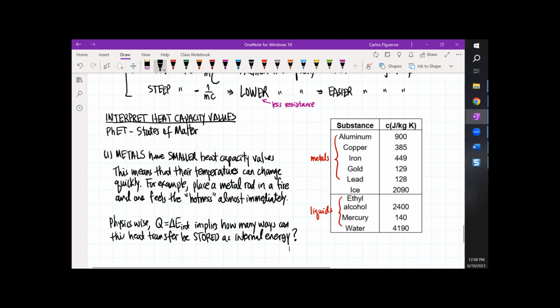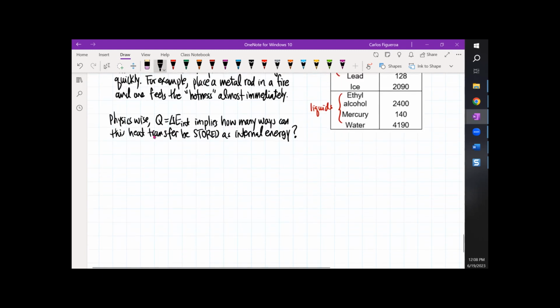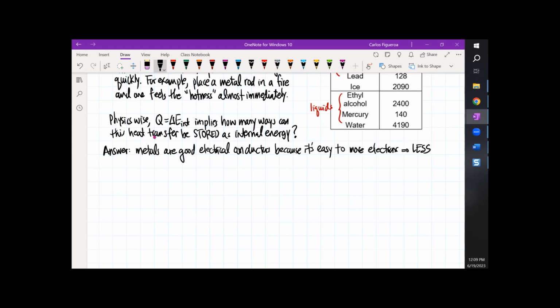That's really the details of this. And so here's the answer. Metals are good electrical conductors because it's easy to move electrons. And therefore, they have less resistance.